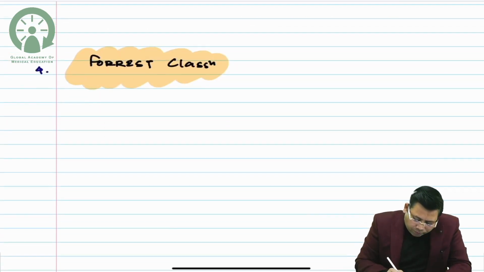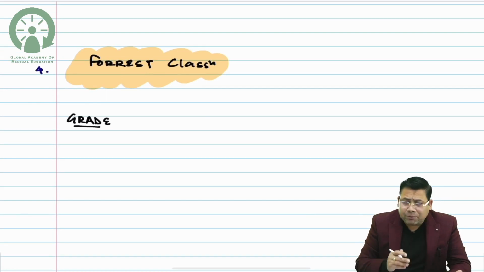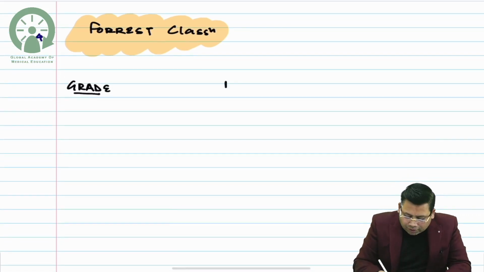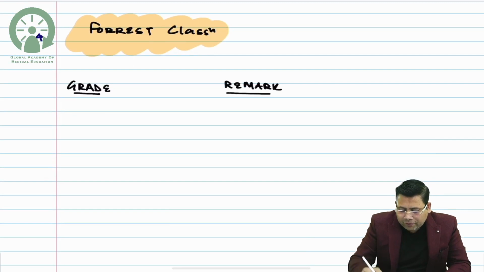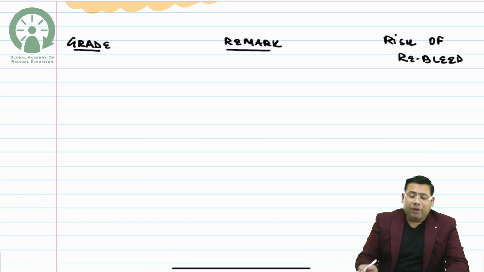So if you talk about Forest grading, I will discuss this because it is of paramount importance. On one side grade, on another side the remark, and on the other side the risk of rebleed. So there are three things that we need to understand: grade, remark and risk of rebleed.